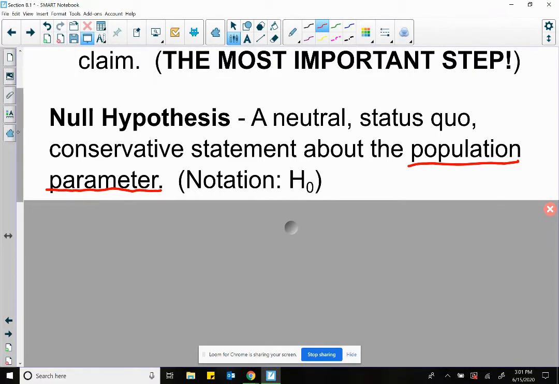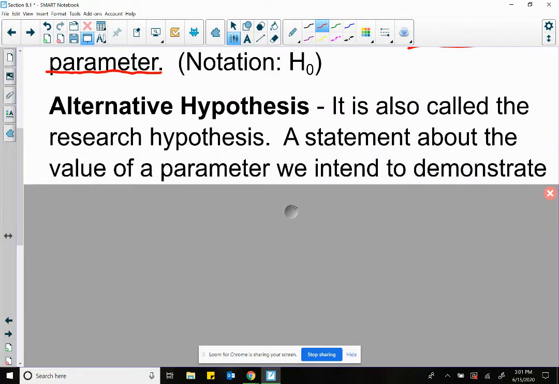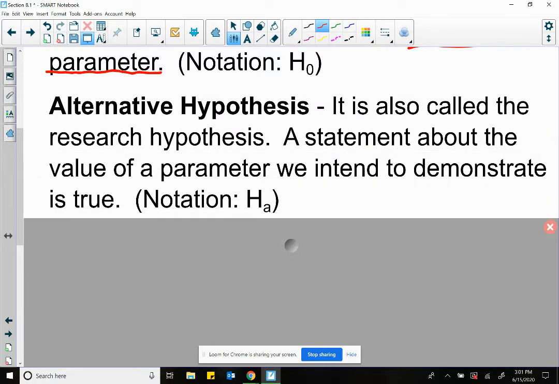And then the skeptical claim is what we call the alternative hypothesis. Sometimes we also call it the research hypothesis. Okay? It is a statement about the value of a parameter we intend to demonstrate is true.